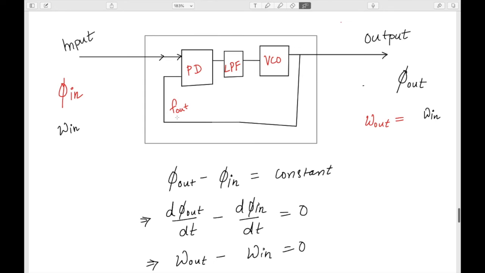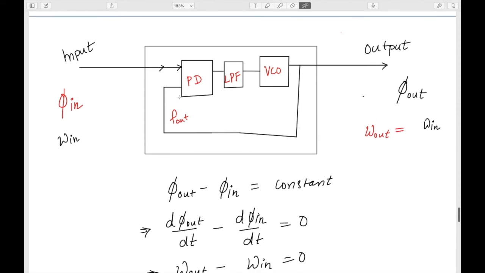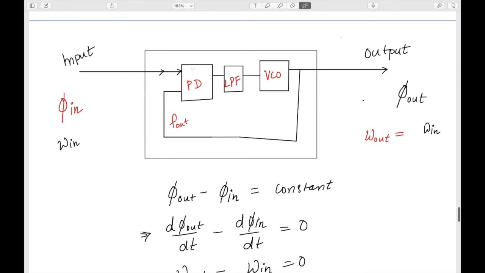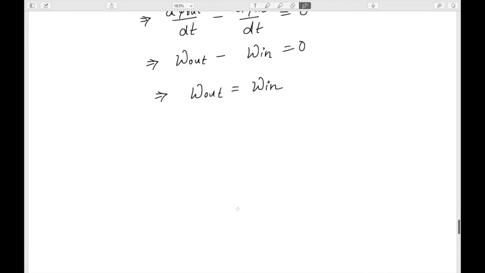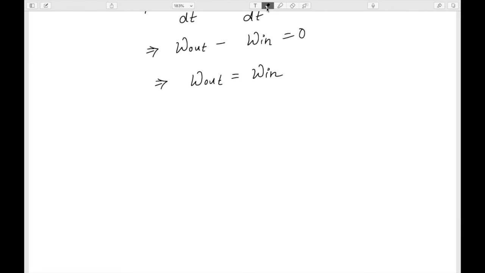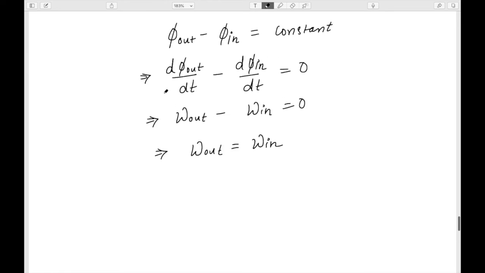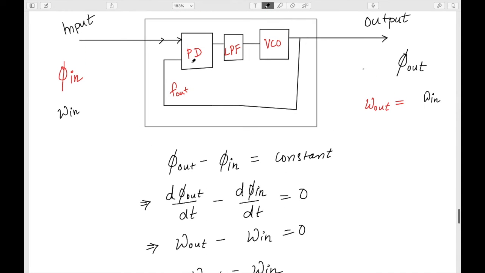So one may ask, to get this, why we have not used a FD, a frequency detector? The reason is very simple. When we use a frequency detector, there can be an issue with the offset.